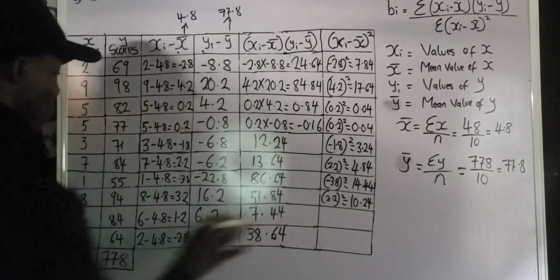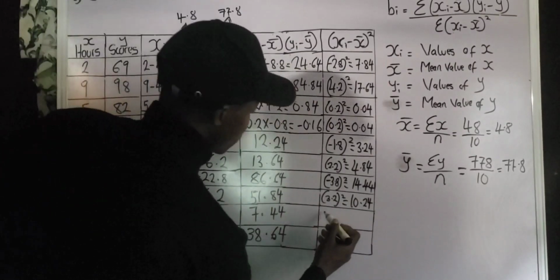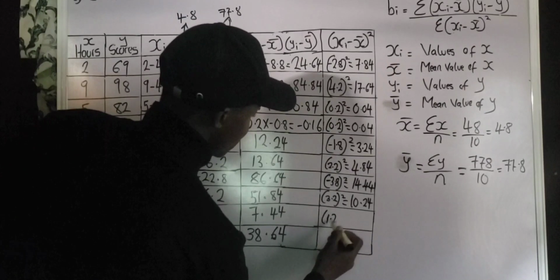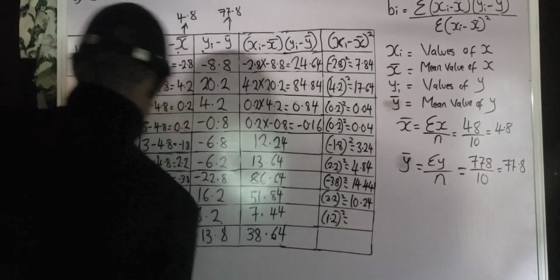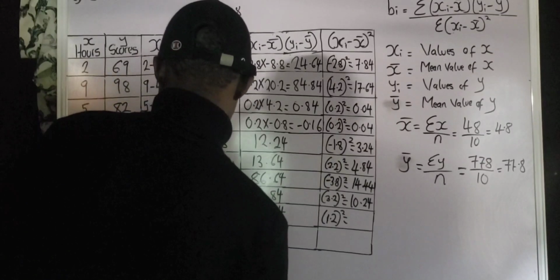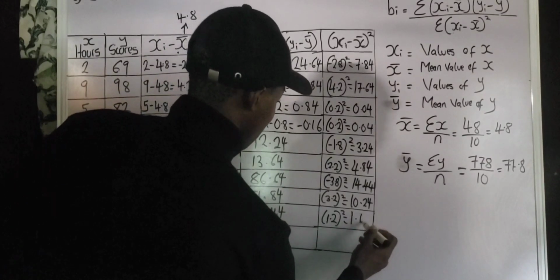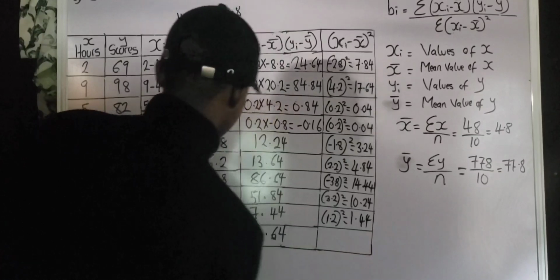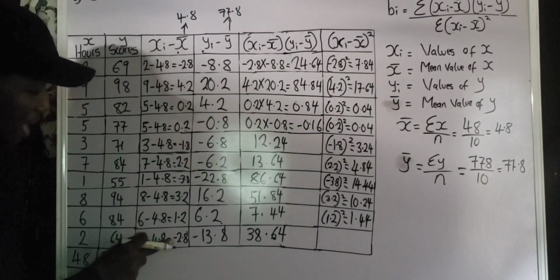So for these cells, we are going to square 1.2. So 1.2 squared is equal to 1.44. For these cells now, we are going to square minus 2.8.